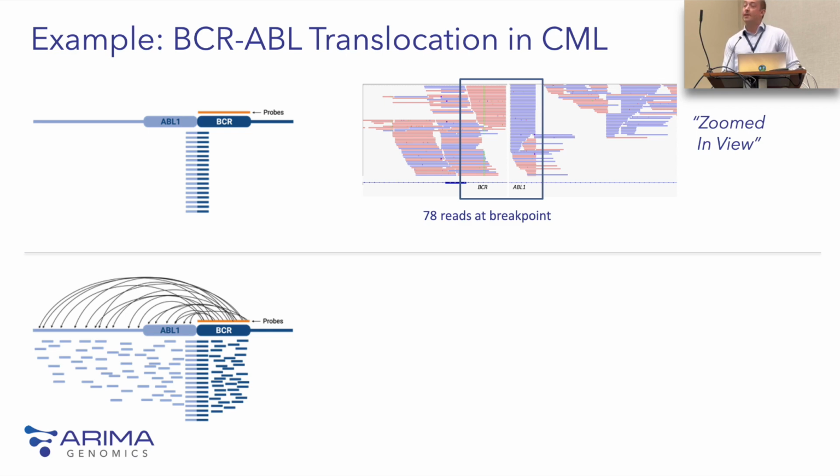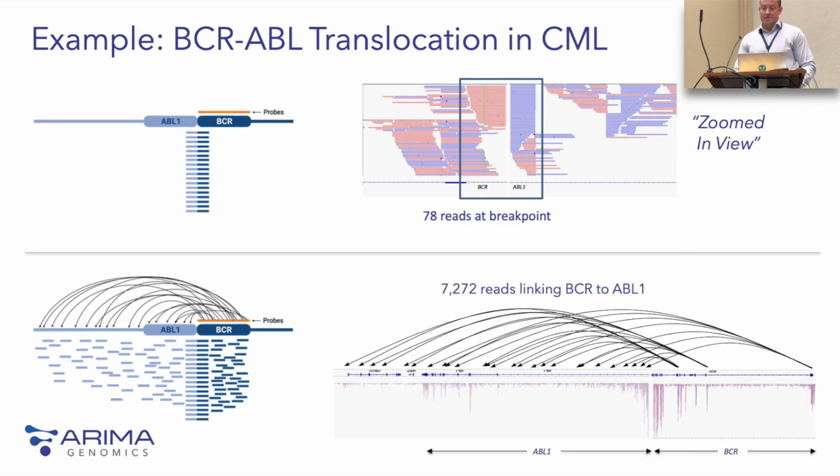What that actually looks like in an IGV representation is over here on the right, all these pile ups of reads from BCR. Each read is linked to one other read on ABL over here. So we have these 78 reads at the breakpoint, but we also have 7,272 reads that connect BCR to ABL in 3D space via the structure of the chromosome. That's a 100-fold signal amplification to help you find that fusion.